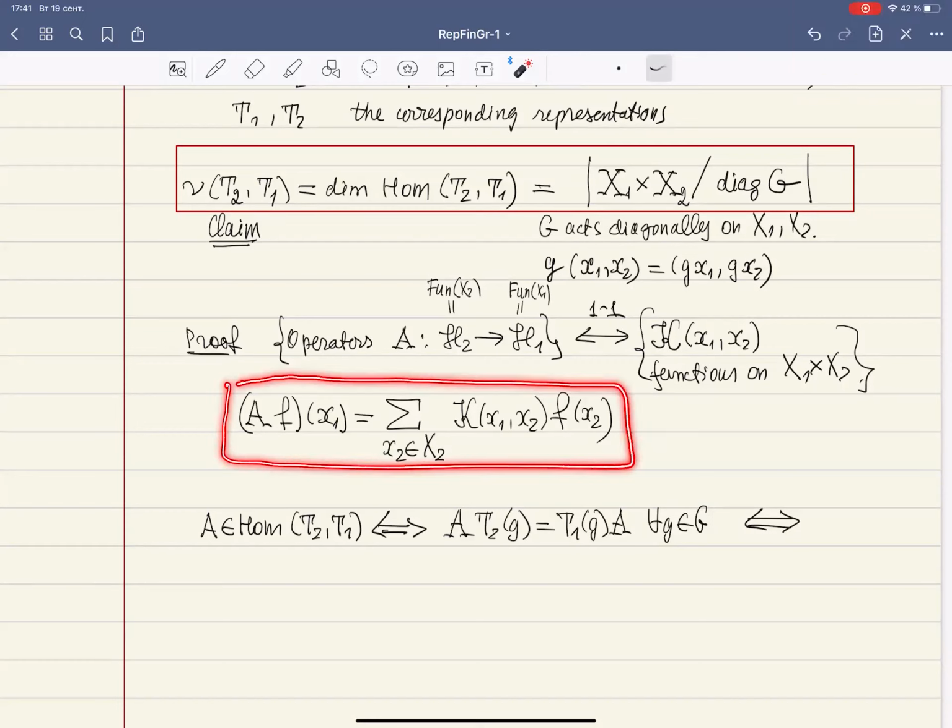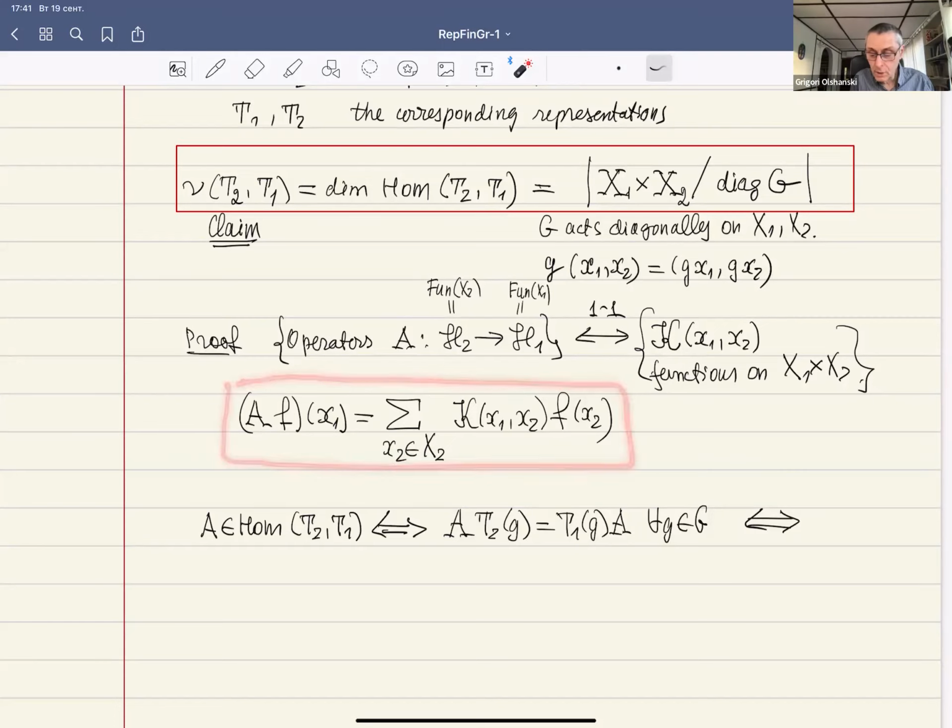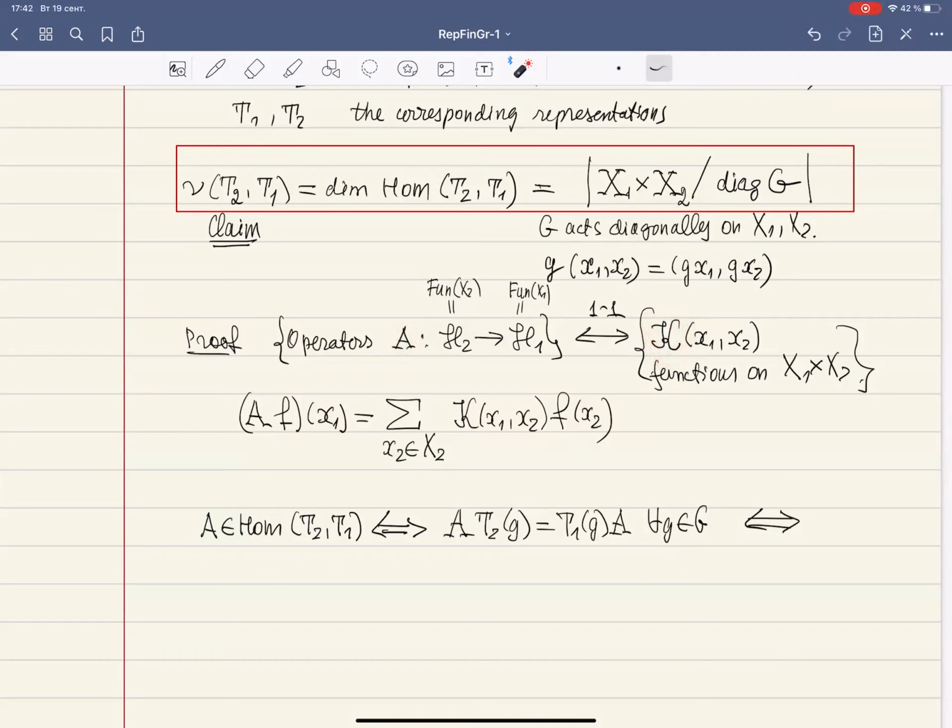There is a one-to-one correspondence between the operators and functions in two variables. This just means that an operator can be represented by a matrix. So that's just all the functions on X1 cross X2, right?